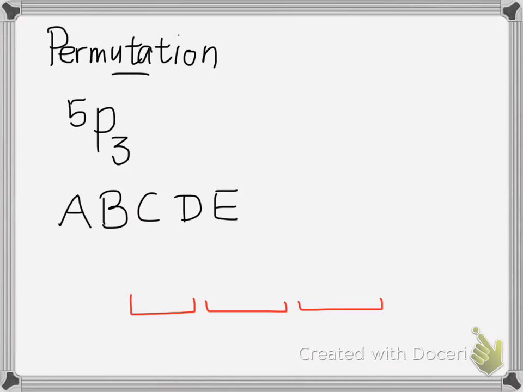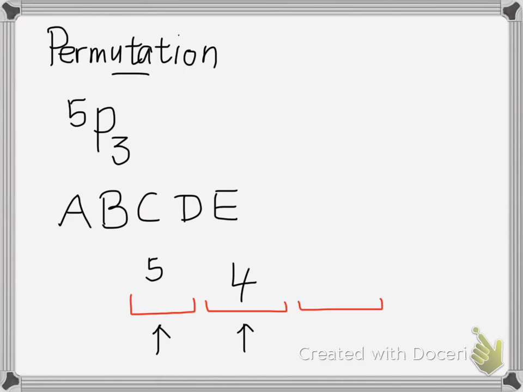In other words, if you look at the first box, how many choices do you have? You have all 5 of them, A, B, C, D, E. So you have 5 choices. After you decide on one and put it inside the first box, you move on to the second box, and you only have 4 choices left.